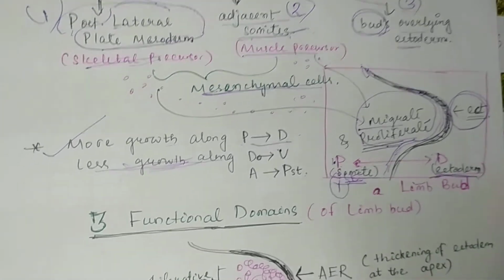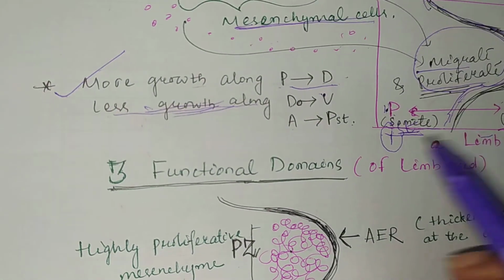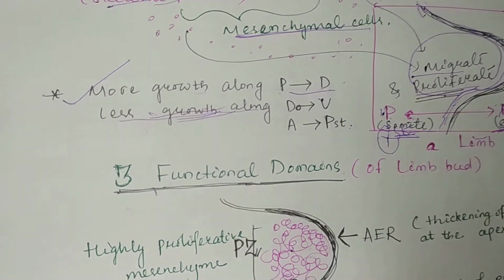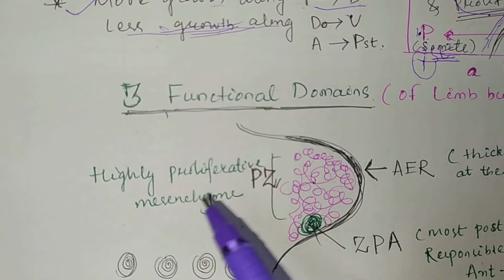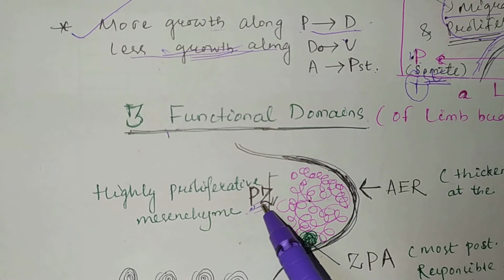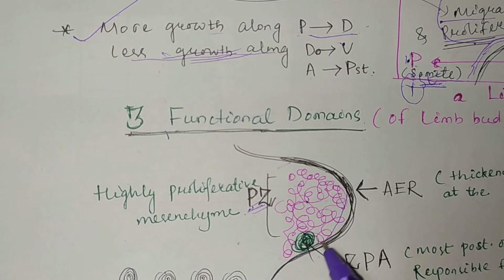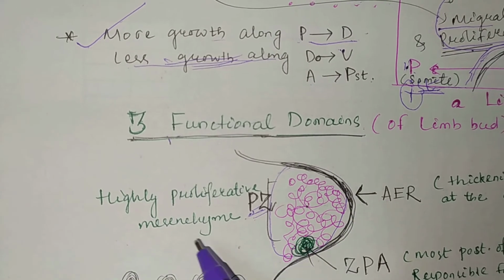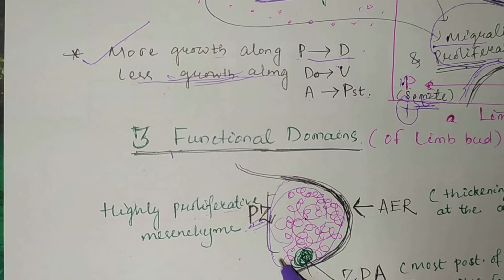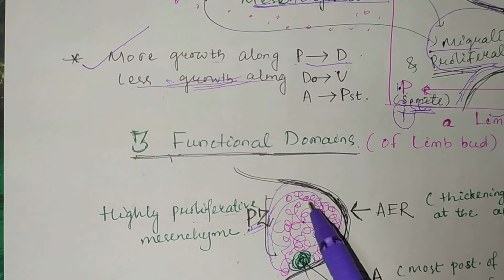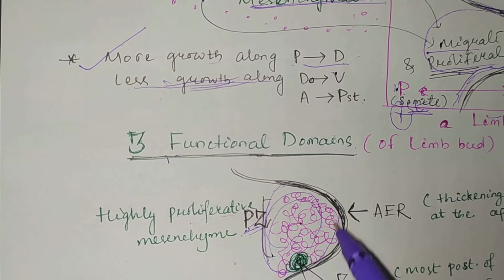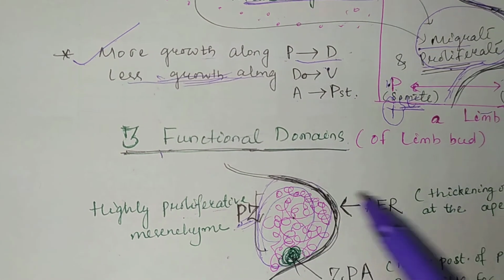Then the limb bud has three functional domains. What are those? One is the progress zone. The progress zone constitutes all these mesenchymal cells which are highly proliferative. They proliferate and grow the limb bud itself.